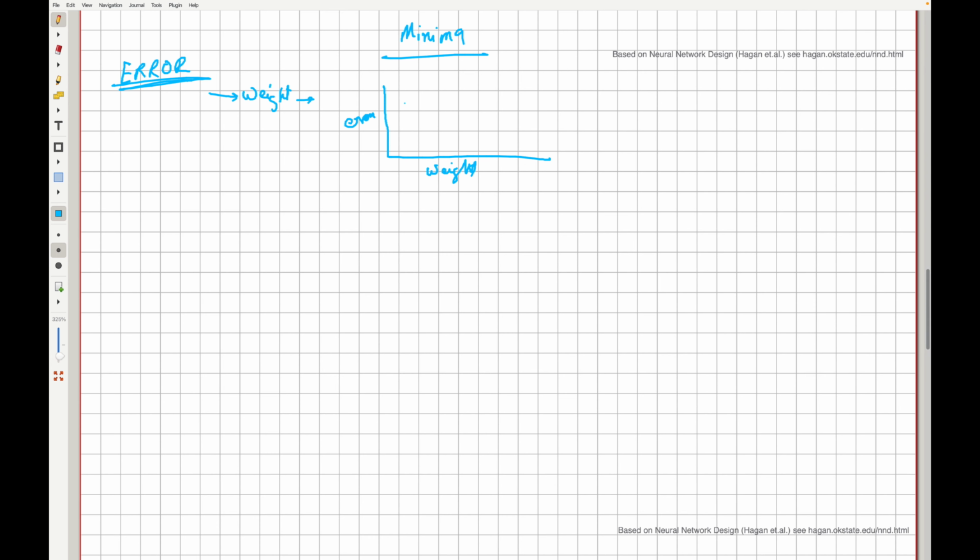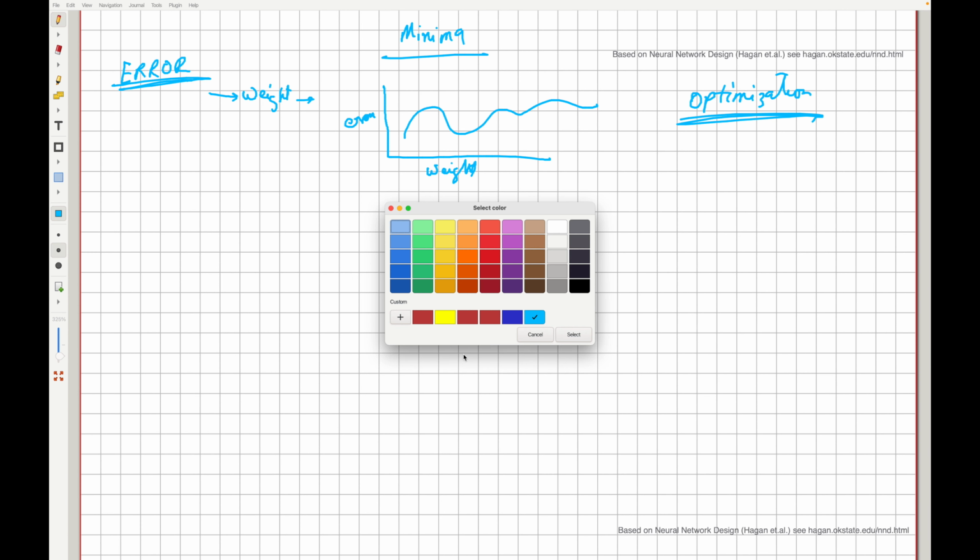And usually, it could be like this, it could be like this, it could be like this, or it could be any other shape. Right? So the point of the optimization is to find the best possible weight. And what is the best possible weight?